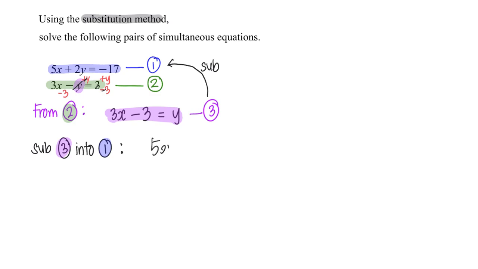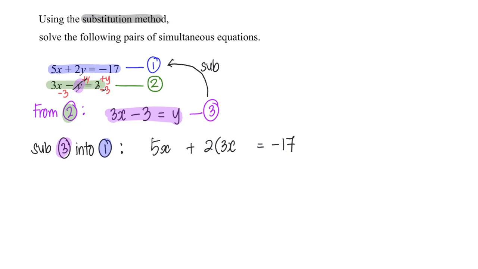I will have 5x. Originally, equation 1 is 5x plus 2y equals negative 17. But because I now know my y and 3x minus 3 can be used interchangeably, they are equivalent forms of each other.